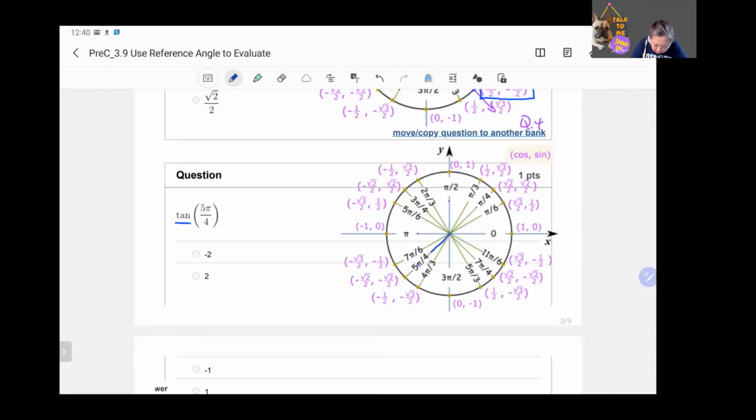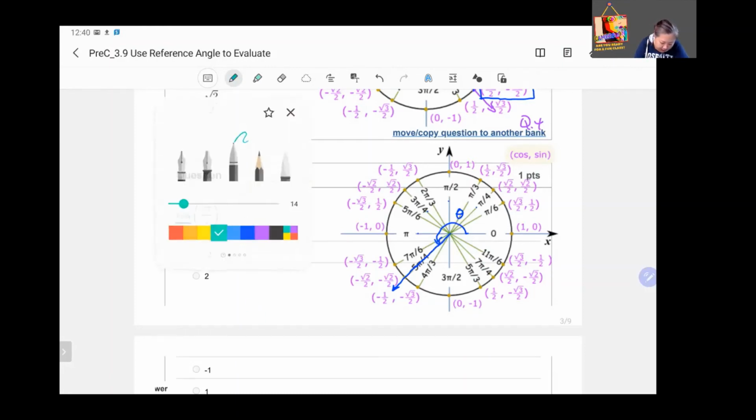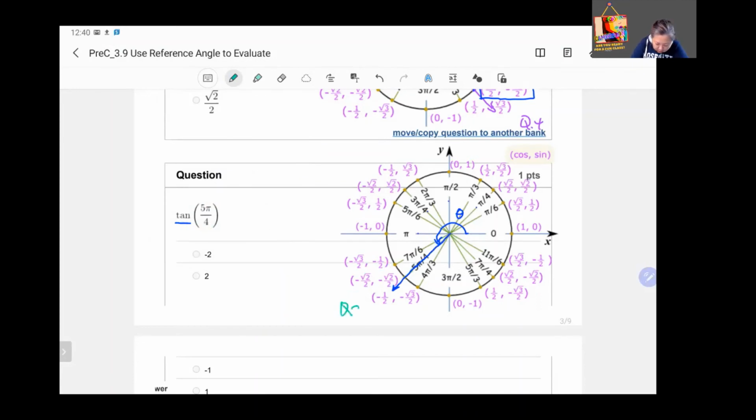So now I will draw my terminal side there, and the original theta is from 0 all the way up to where the terminal side is. Then the reference angle of that is in quadrant 3, and now I can utilize that alpha reference angle right there. Then it secures us to use this coordinate.